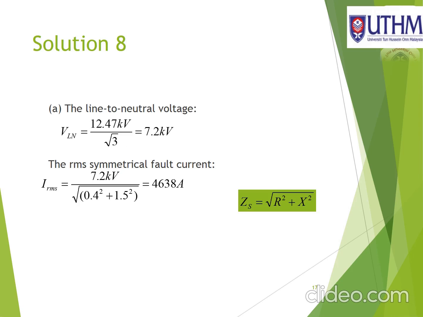IRMS is equal to V divided by the square root of R squared plus X squared. This is the value for IRMS, and this is the Z equation.